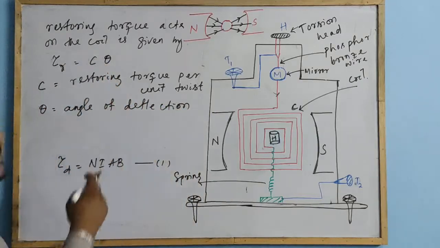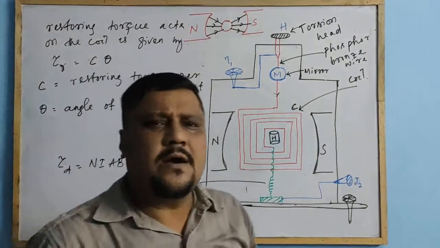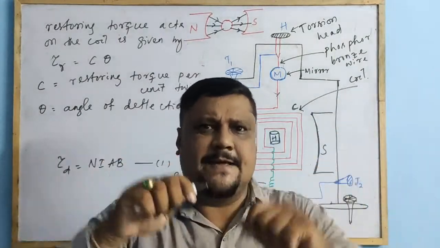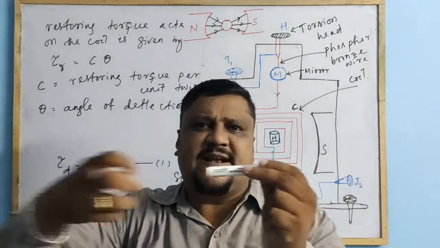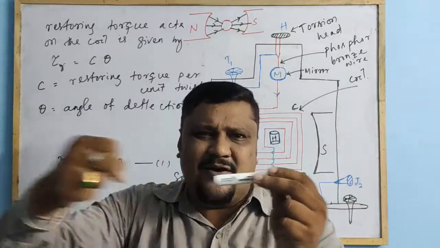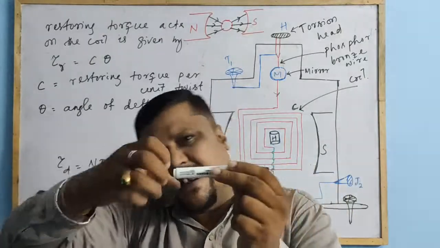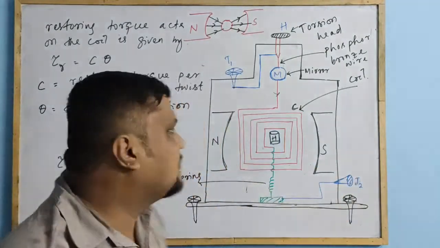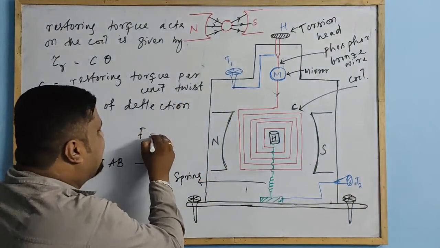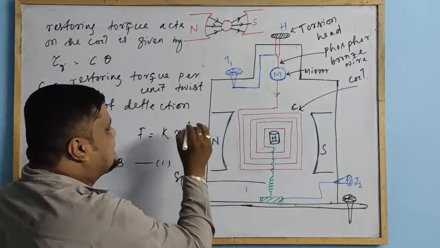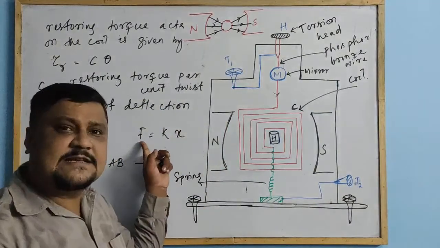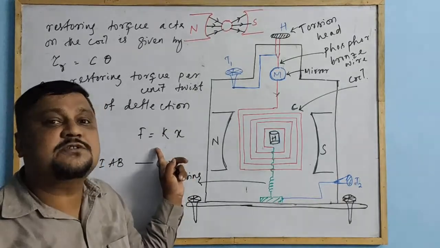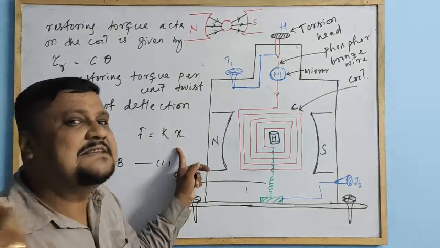So this is the case like the twisting or rotating of a spring. Already you know, when a force is attached and the spring is elongated lengthwise, that is the linear motion of the spring, then the force acting is F equal to Kx. The restoring force on a spring in linear motion is K into X, where K is the force constant and X is the linear displacement.